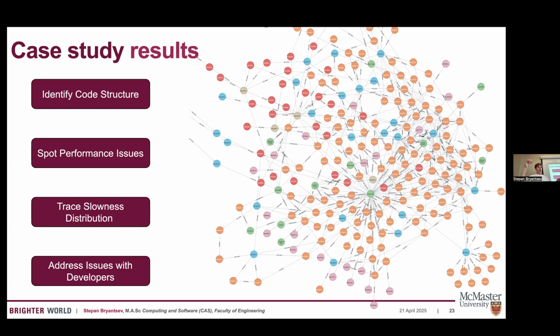You know the execution chain of each method, and you know the slowness, so you can trace this slowness distribution over the execution chain of methods. And finally, you can spot the developers. You can query the relations between developers and slow methods, and this will get you some insights into who can help you to solve the slowness.